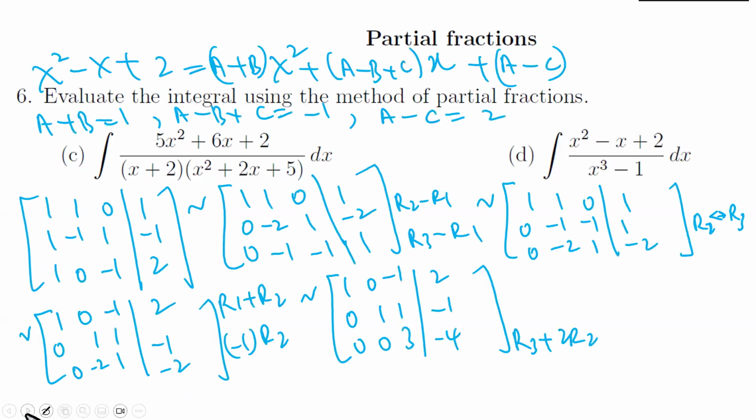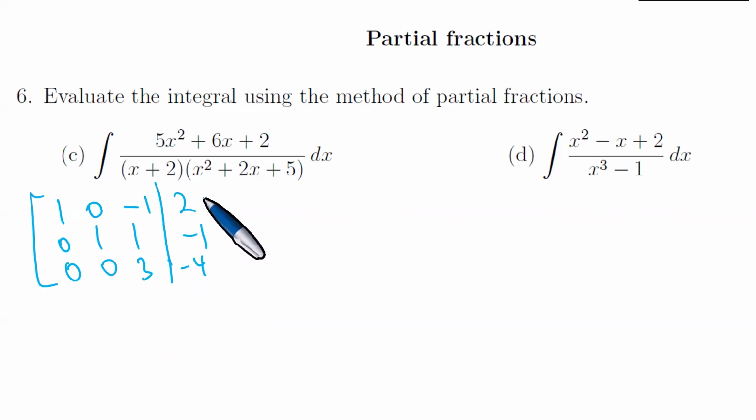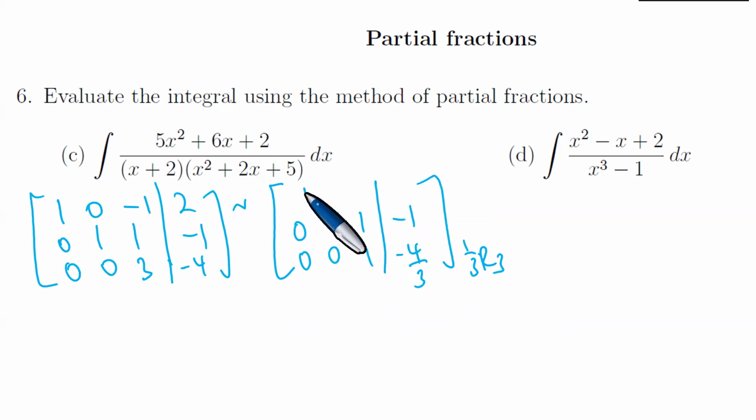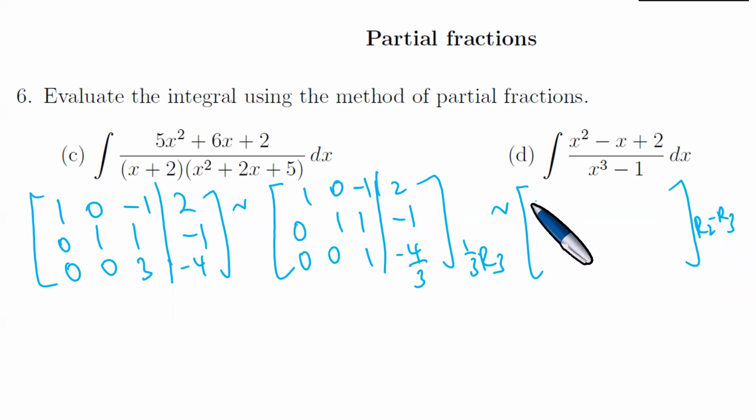With the right-hand side 2, minus 1, minus 4, we take 1/3 row 3, giving 0, 0, 1. So that you have row 2 minus row 3, and row 1 plus row 3.